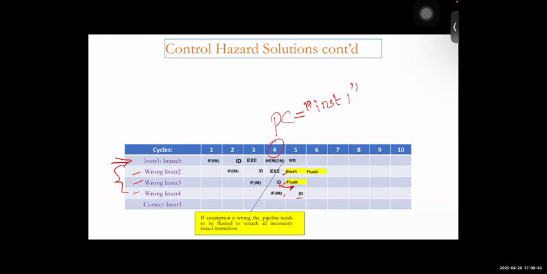So instruction 2 is at the execution stage, and it must go through the remaining two stages, memory access and write back. Instruction 3 is in the decode stage, so it goes through the execution stage and memory access stage, and that is flushing.